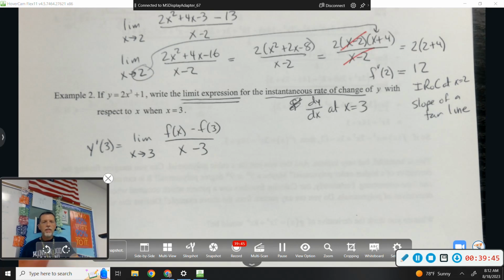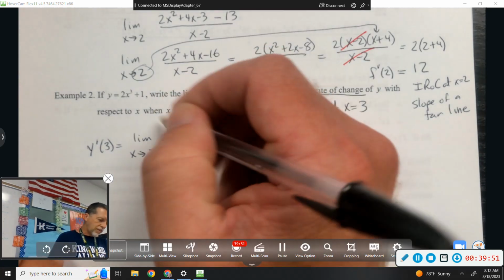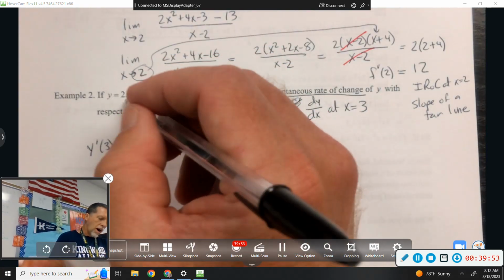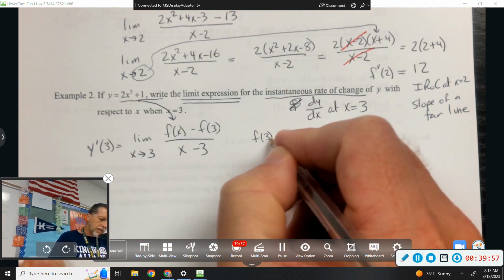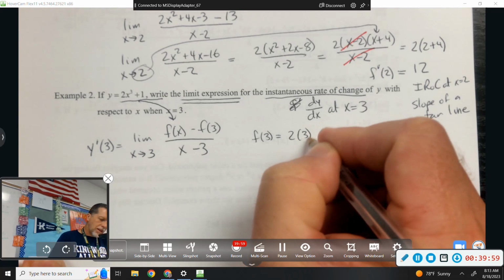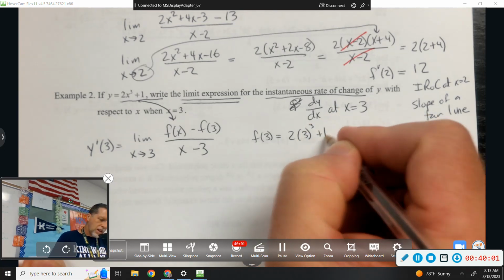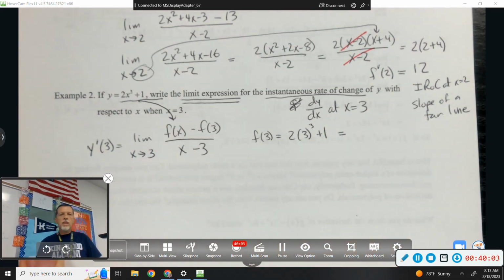Not quite a safe stop because I need to plug in for functions. So f of x I know, or I guess I should just say y I know. F of 3 I need to figure out. That shouldn't be too bad. 3 cubed is 27, times 2 is 54, plus 1 is 55.